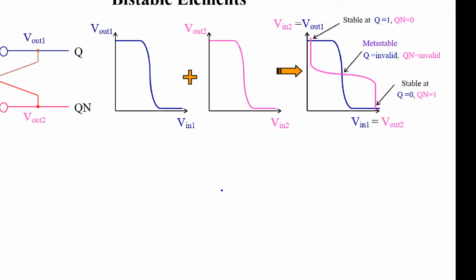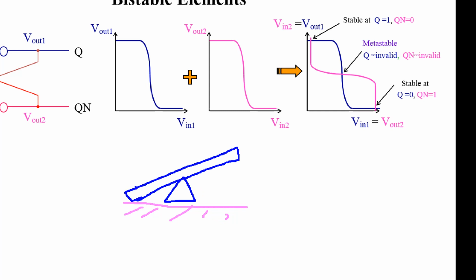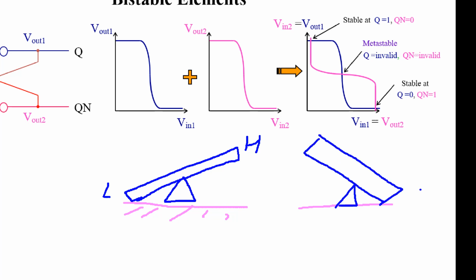I compare metastable with a mechanical beam, with a ground level. If this side touches the ground it is low, and the other side is high. For the second stable state, it is low at the other side and high at this side.